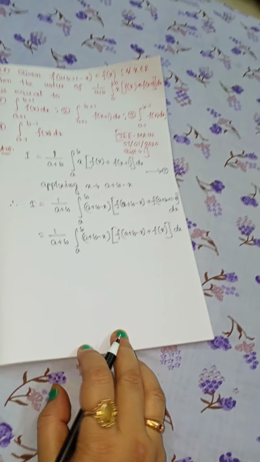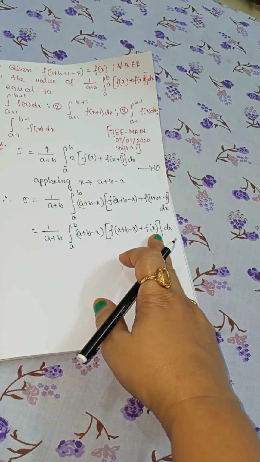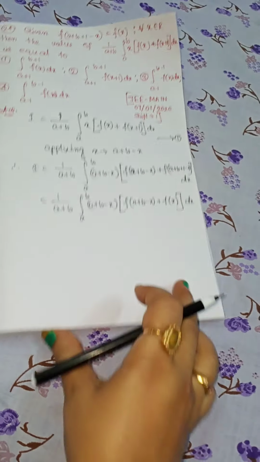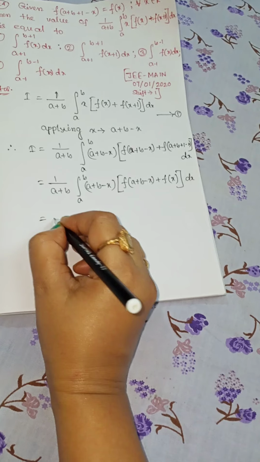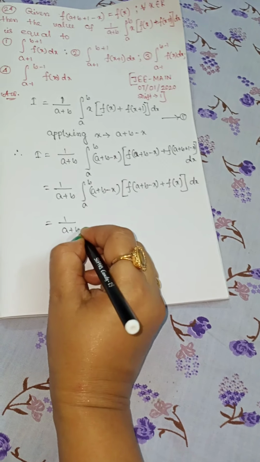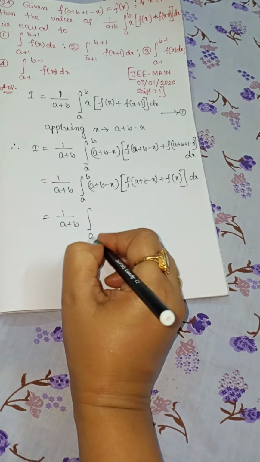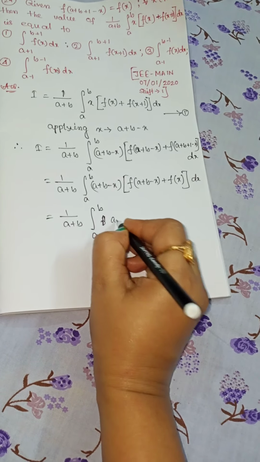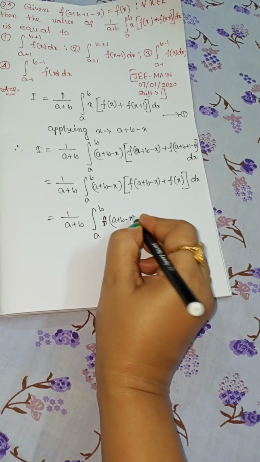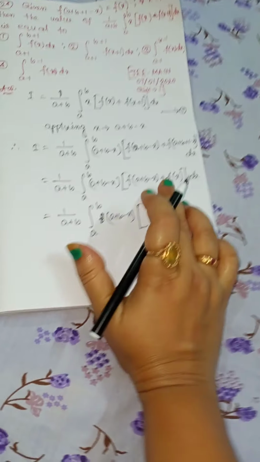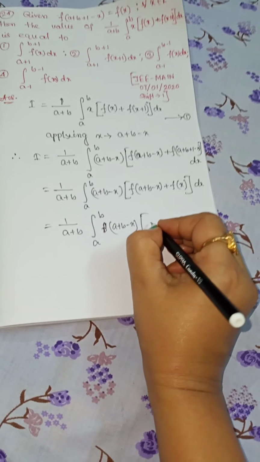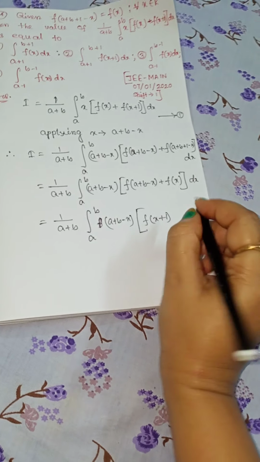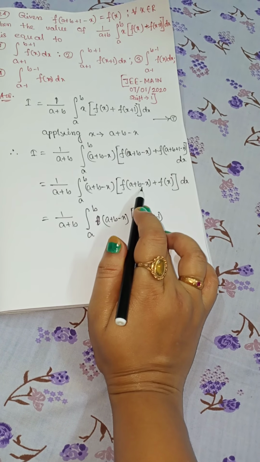Now x tends to x + 1, so it becomes 1/(a+b) integration a to b of (a + b - x), and we may write this one as f(x+1) as it is.